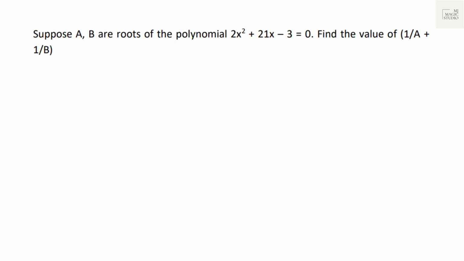Okay, let's see. A and B are roots of the polynomial. It is a quadratic equation where A is 2, B is 21 and C is minus 3.